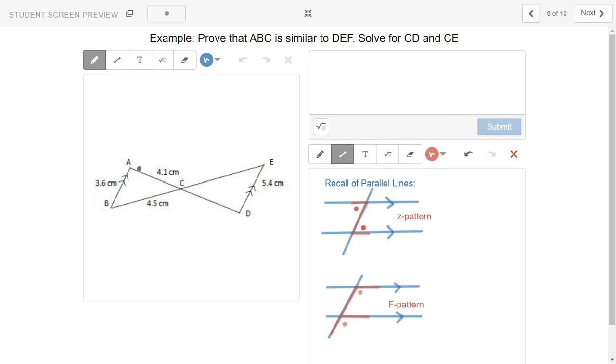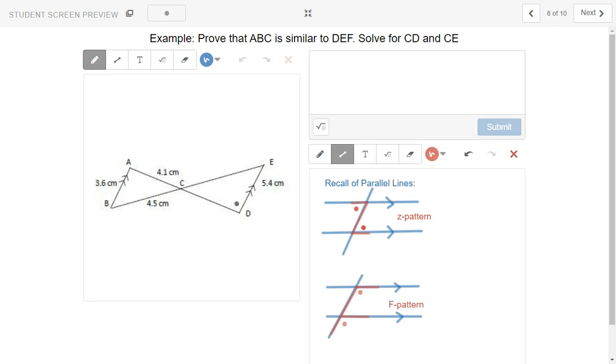So in this case, I have three sides here, and on this side, I only have one side. That's not helpful for us to find out whether these are similar triangles, but if we can prove that all the angles are the same, then we can say that these are similar. Right, parallel line here and here.